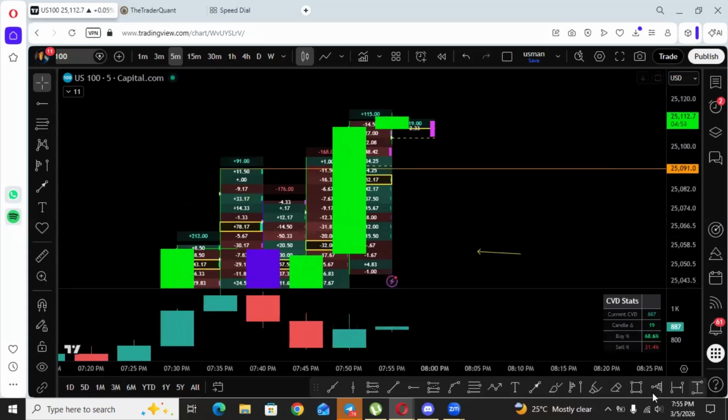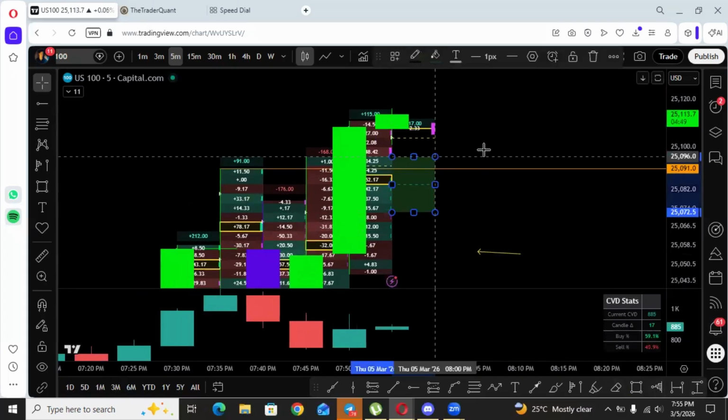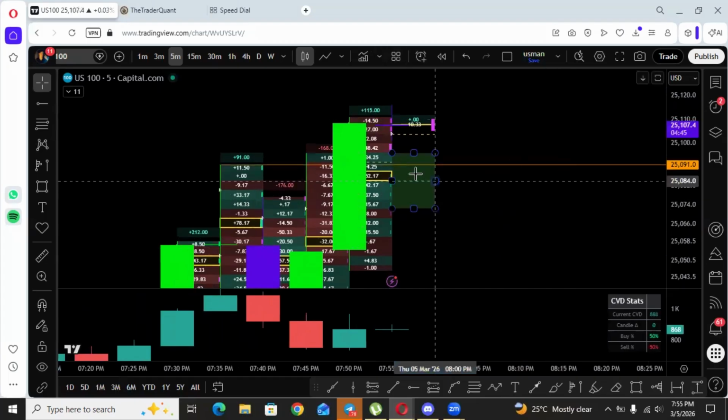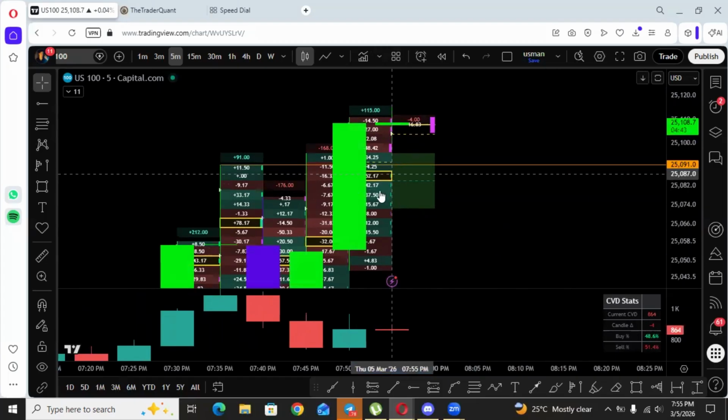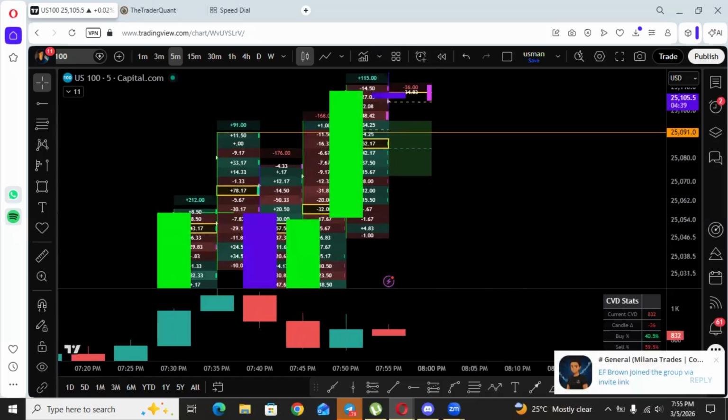So we have a difference between buyer and seller. The breakout happened at this point. We want to take a position when the market taps into this imbalance area. We will consider entering the market.